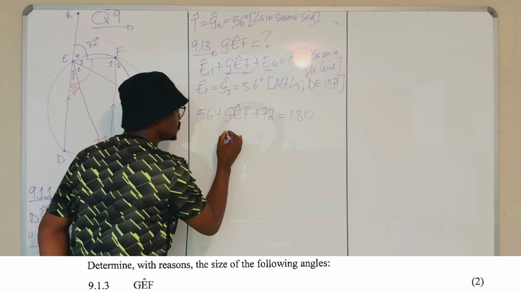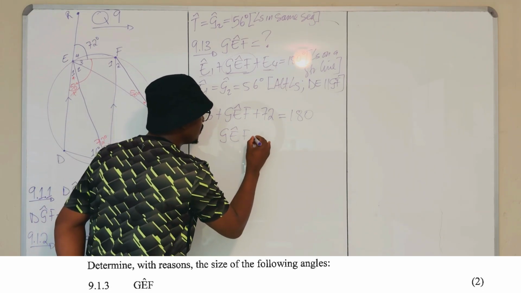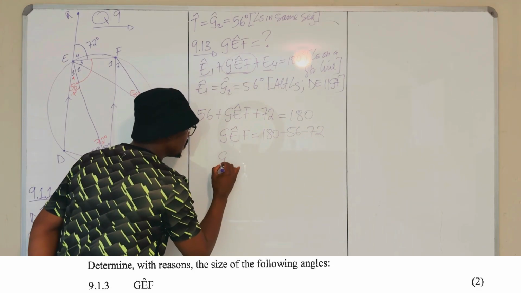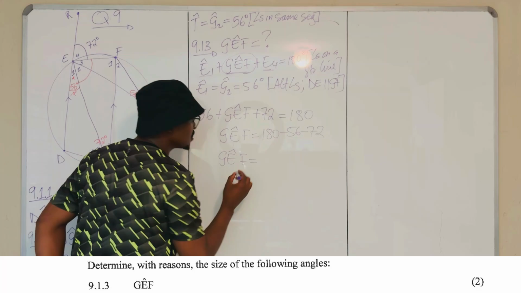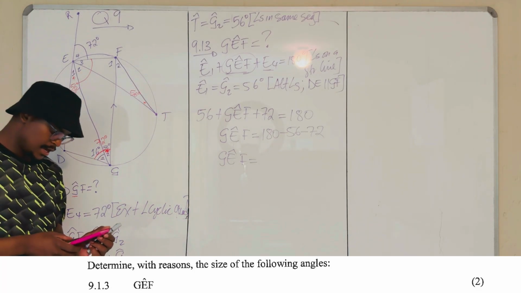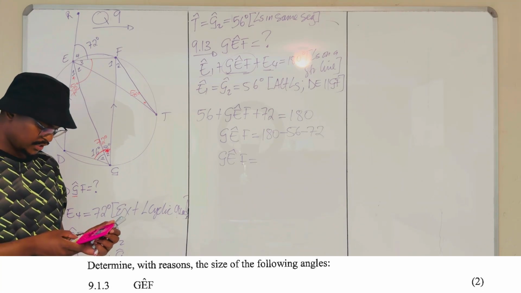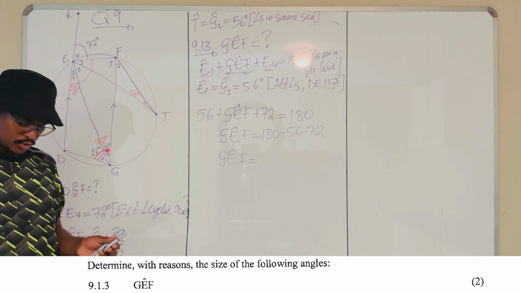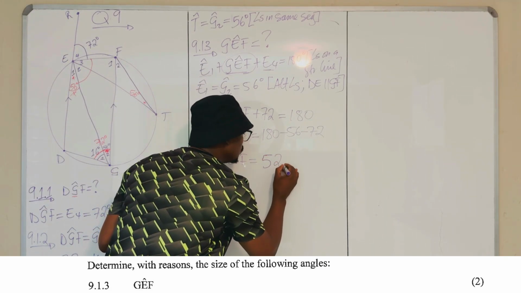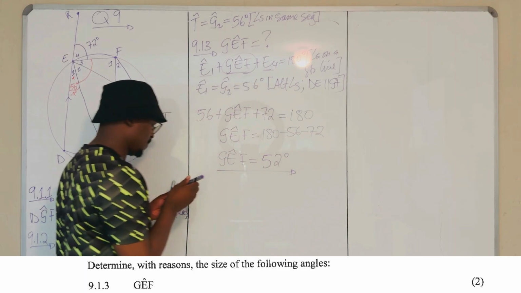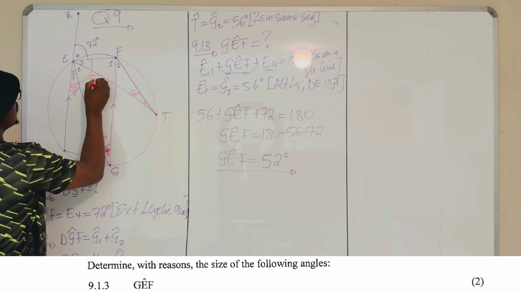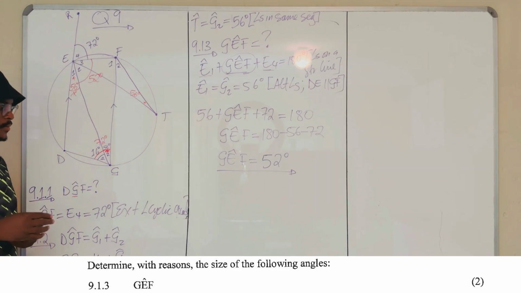So you can solve for this now: 180 degrees minus 56 minus 72. So you get that your angle E is equal to 52 degrees. So this entire angle is equal to 52 degrees. And we're done with 9.1.